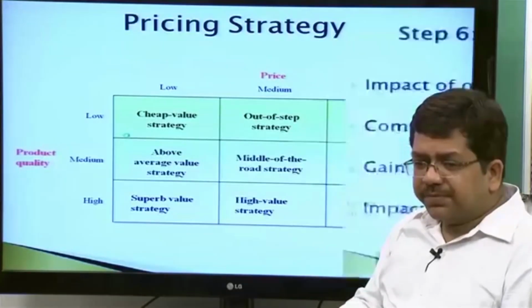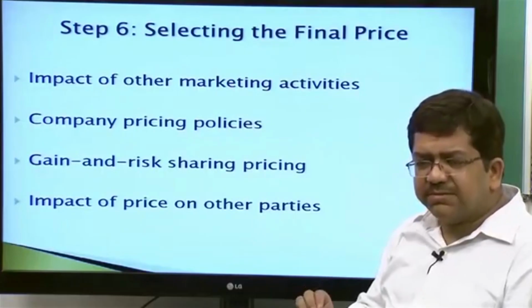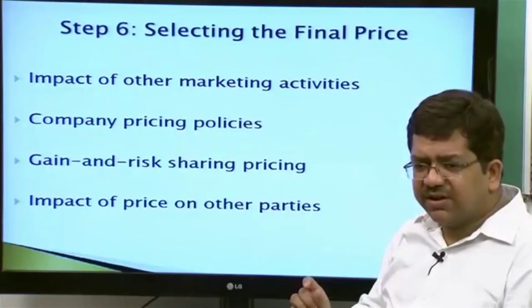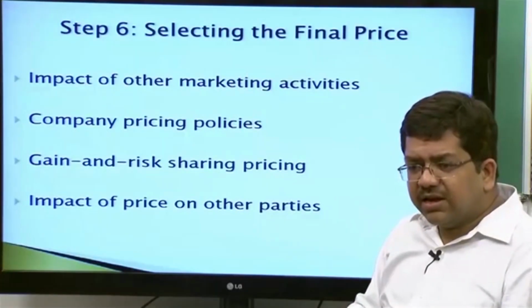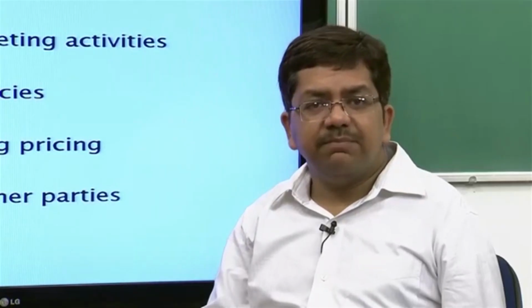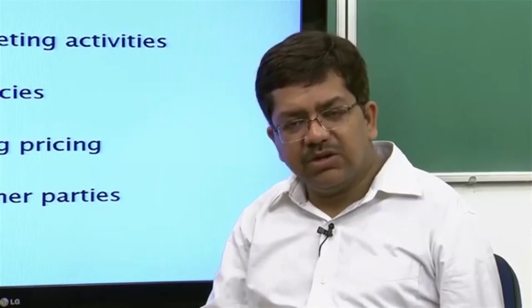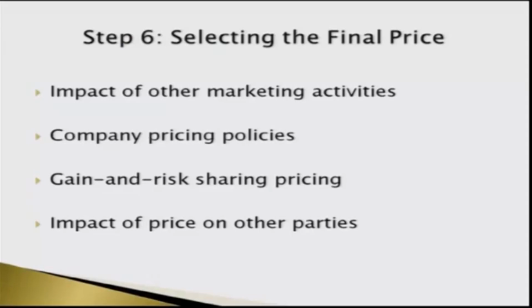So, with this I come to the last step of setting the price, that is selecting the final price. Now, we have selected the pricing method and we are coming to the final price point, and we need to look into certain other factors, like the impact of other marketing activities, the pricing policy of the company or organization, gain and risk sharing pricing policy, and the impact of prices on other parties.